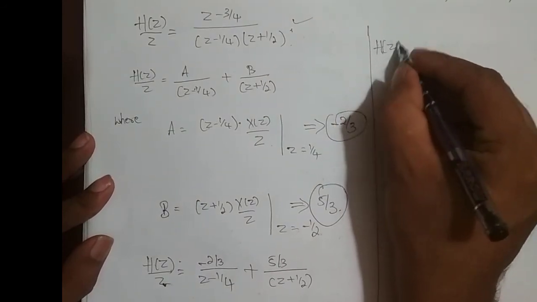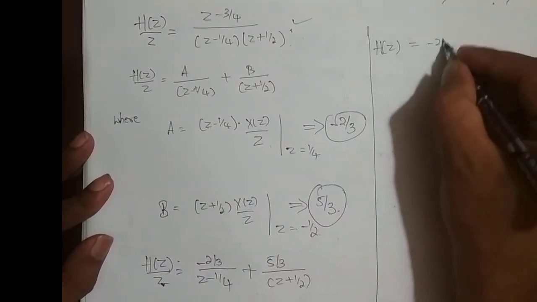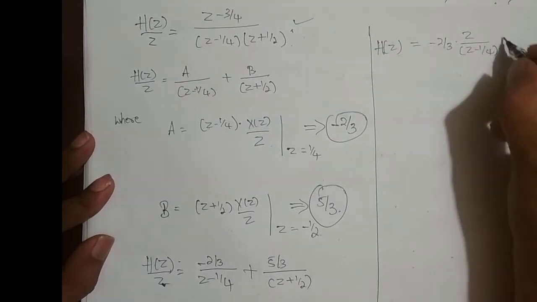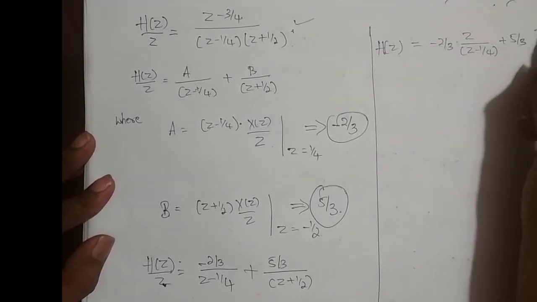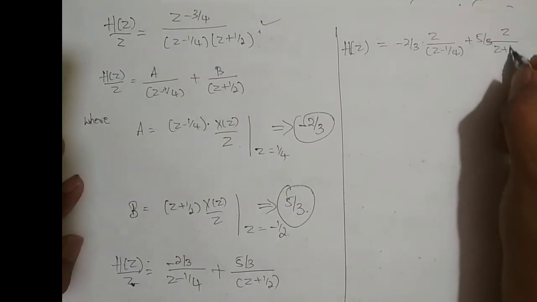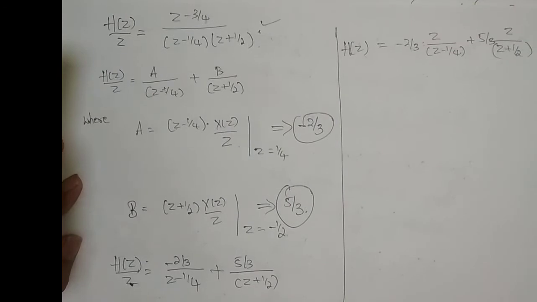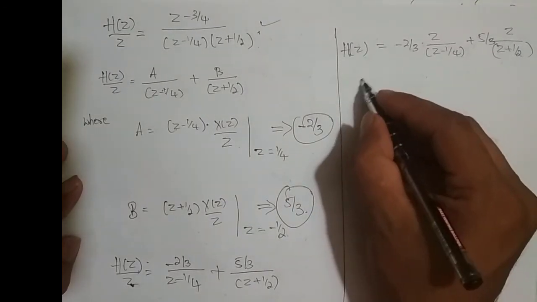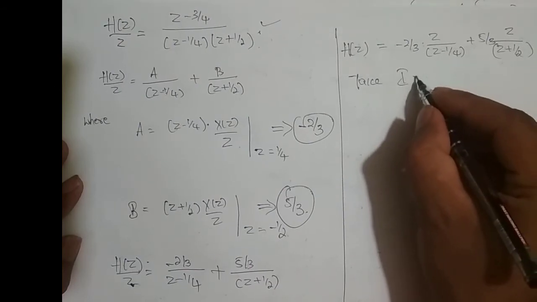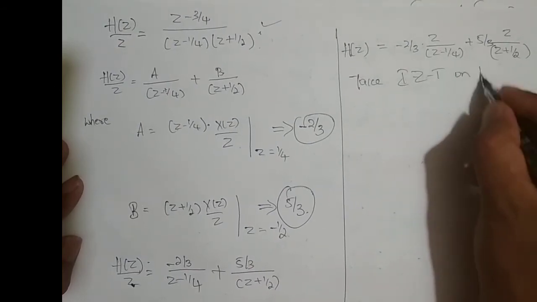So what is h of z? Minus 2 by 3 into z divided by z minus 1 by 4, plus 5 by 3 into z divided by z plus 1 by 2. Now I have to take the inverse z transform on both sides.